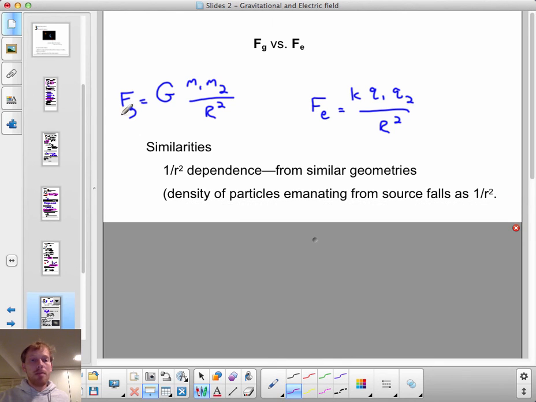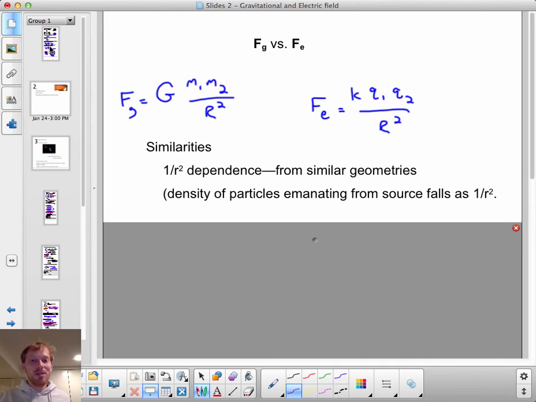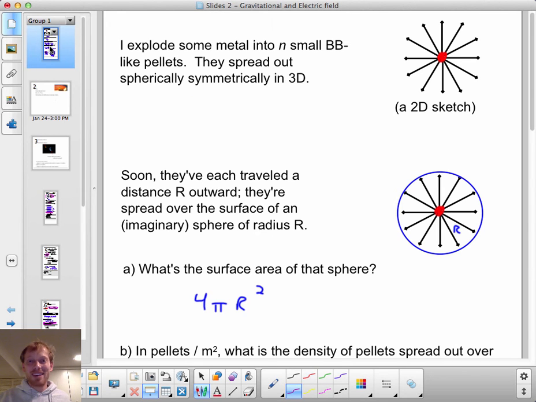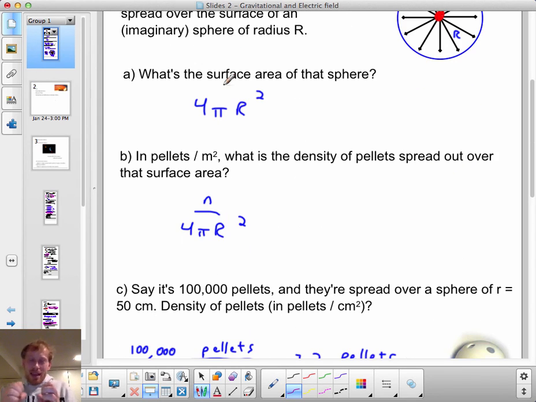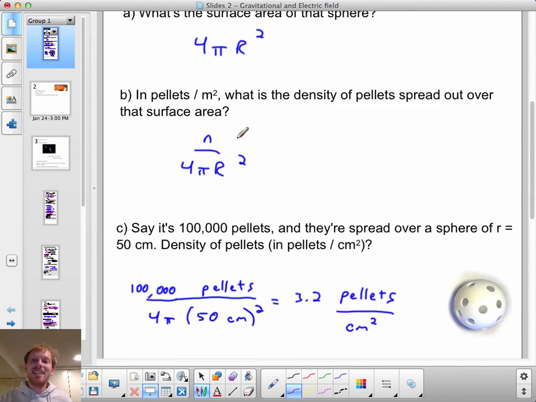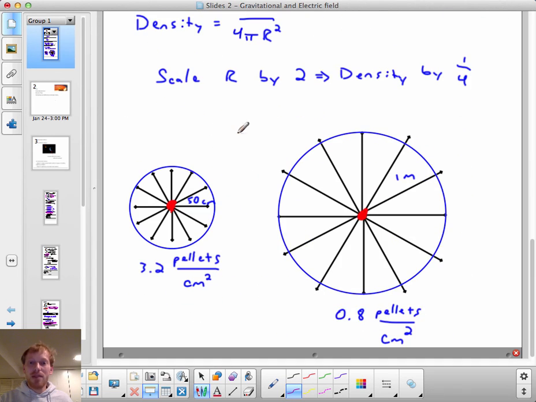Well, remember our amuse-bouche? Remember, amuse-bouche is like an appetizer. It's French for mouth amuser. It's something that you have at a fancy restaurant before you even have appetizers. Amuse-bouche. That's the word of the day. Remember this? That when you explode something and stuff radiates outward in all directions, the density of that stuff falls off as 1 over r squared?